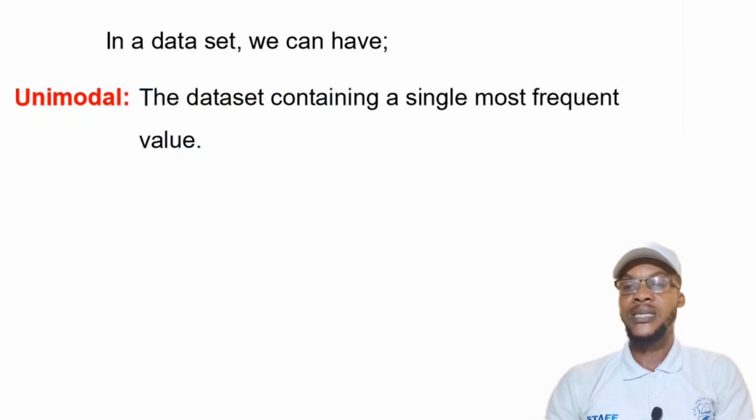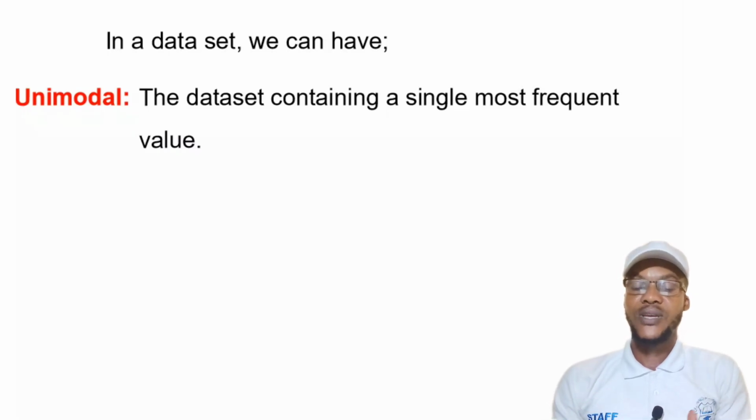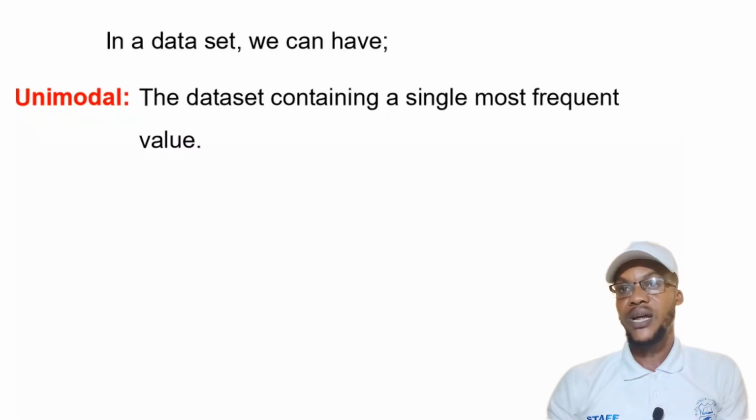That is when you realize that it is only one particular number in the data set that appears more than any other value in the data set. So when situations like that happen, then we are saying that it is called unimodal. Unimodal means we have only one mode in a data set.